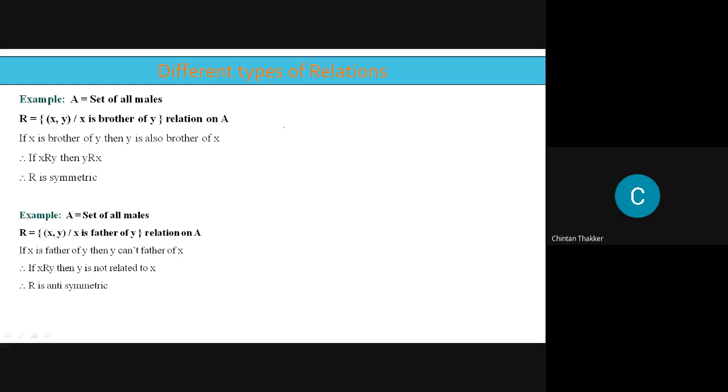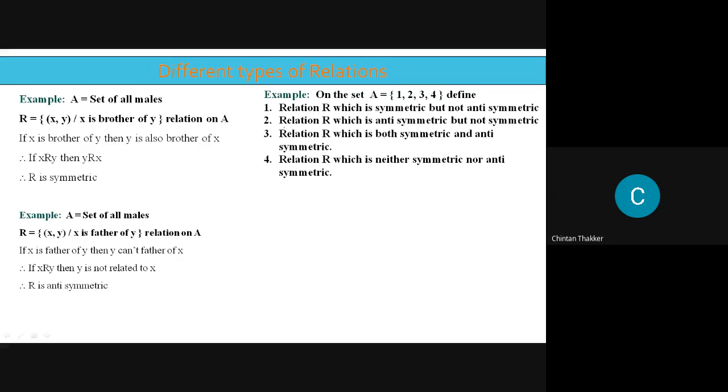Now from this example, many students have a confusion that symmetric and anti-symmetric relations are opposite, meaning we cannot find a relation which is both symmetric and anti-symmetric. For this clarity, we take one more example.